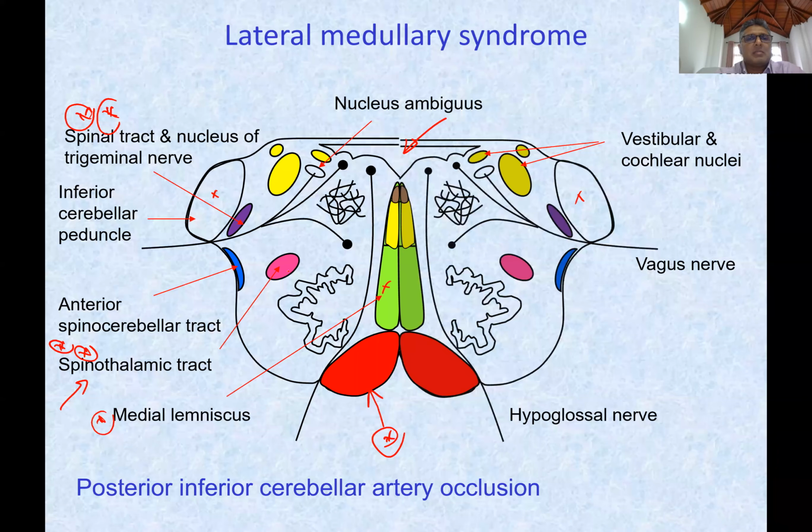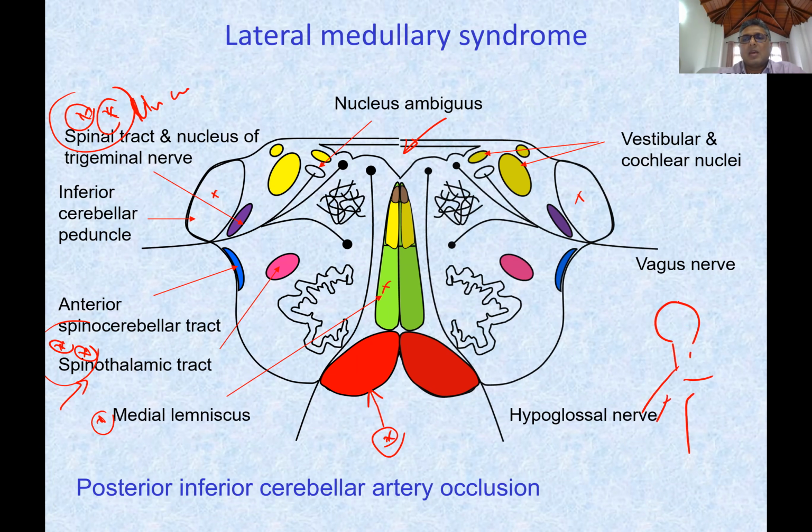Already they have crossed by the time they reach that area. These ones are not crossed. These are uncrossed fibers. So you imagine what happens if you damage these together: you get the face affected on one side and the trunk affected on the other side.